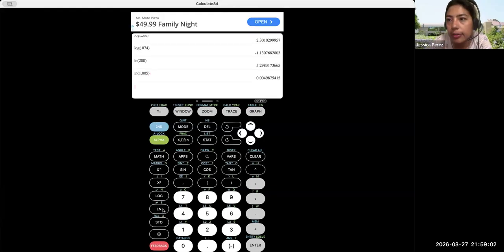You're rounding this to 4 decimal places to be 0.0049 or 0.0050. Again, making sure that you are approximating adequately.